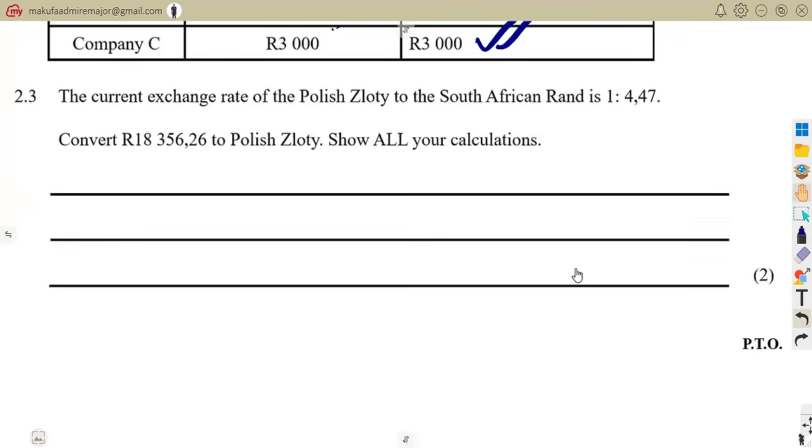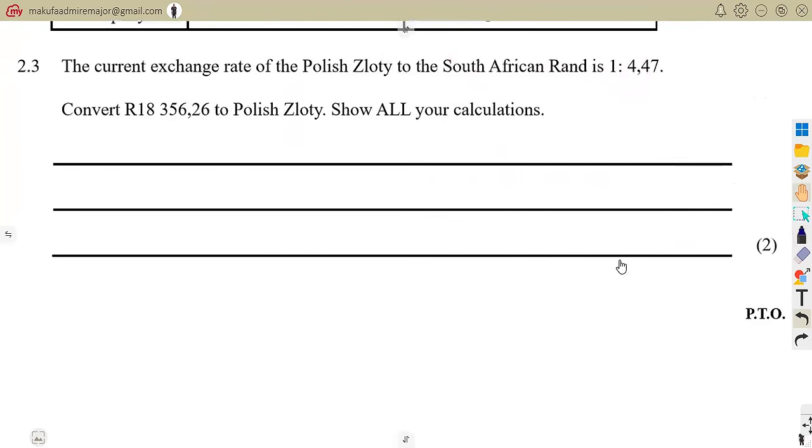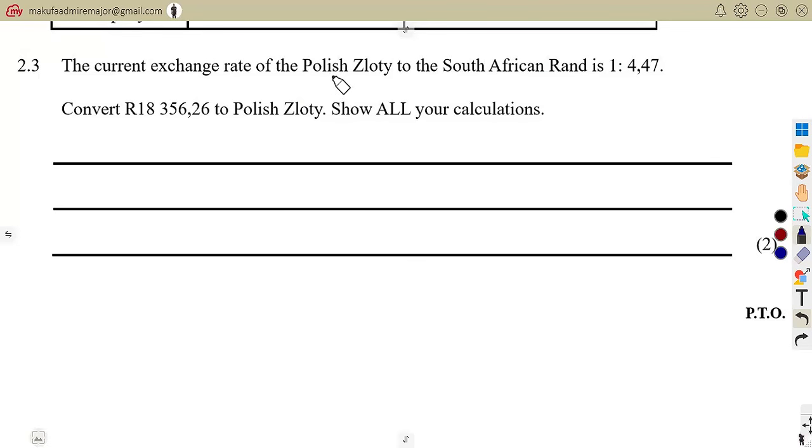Then we are given on 2.3 the current exchange rate of the Polish zloty to the South African rand, which is 1:4,47.